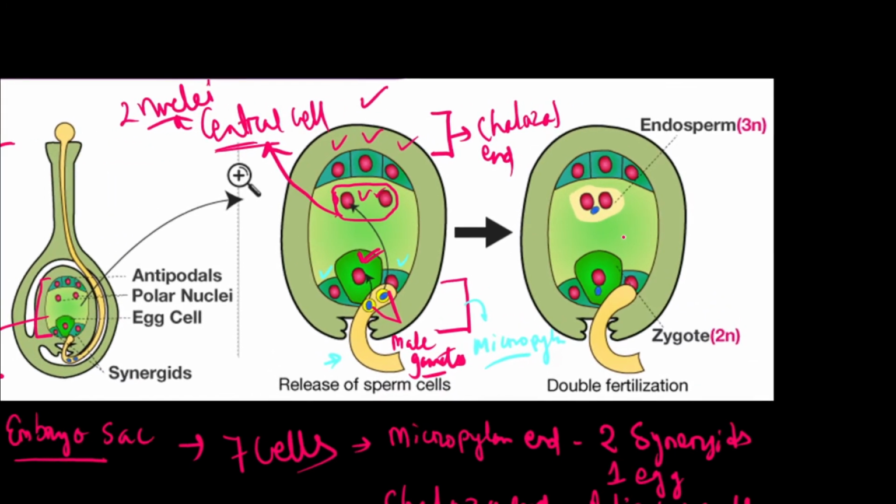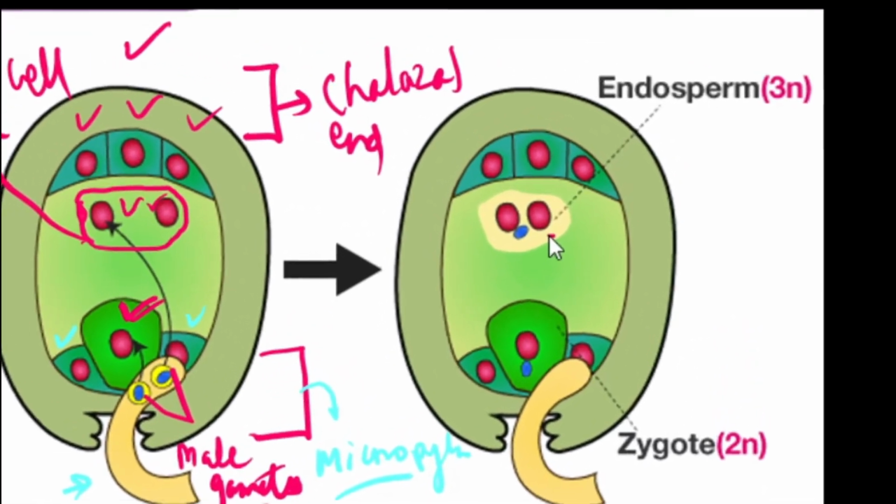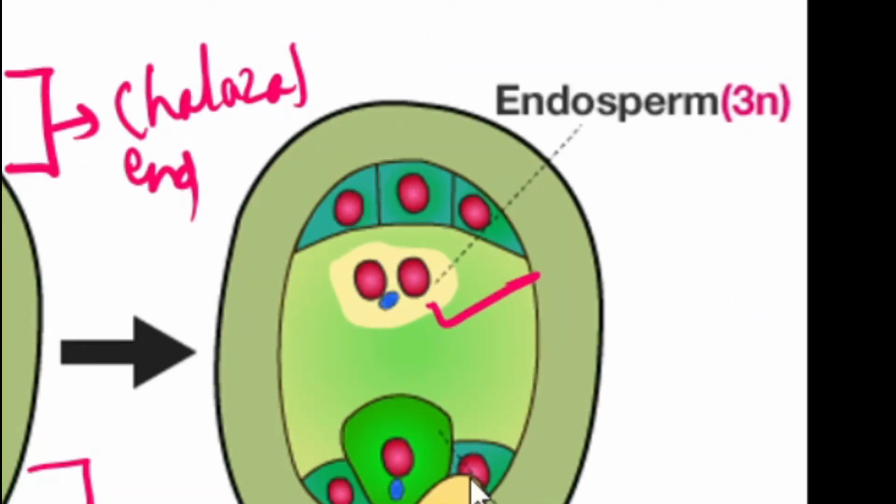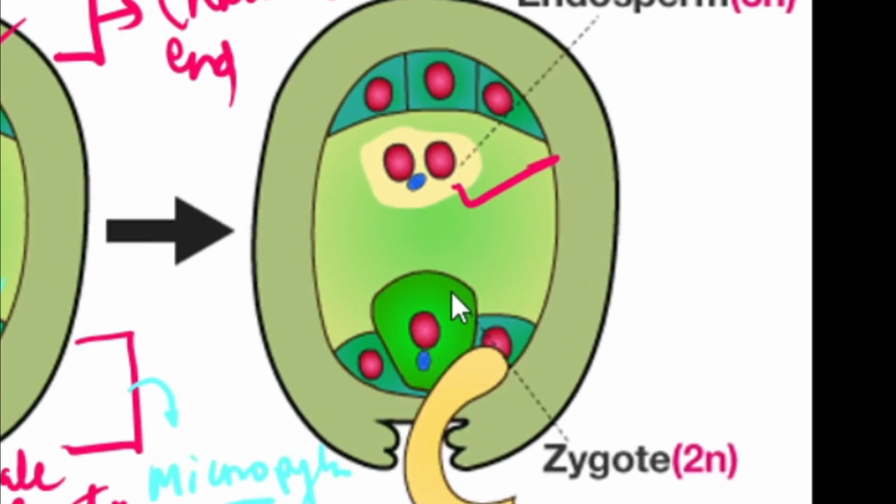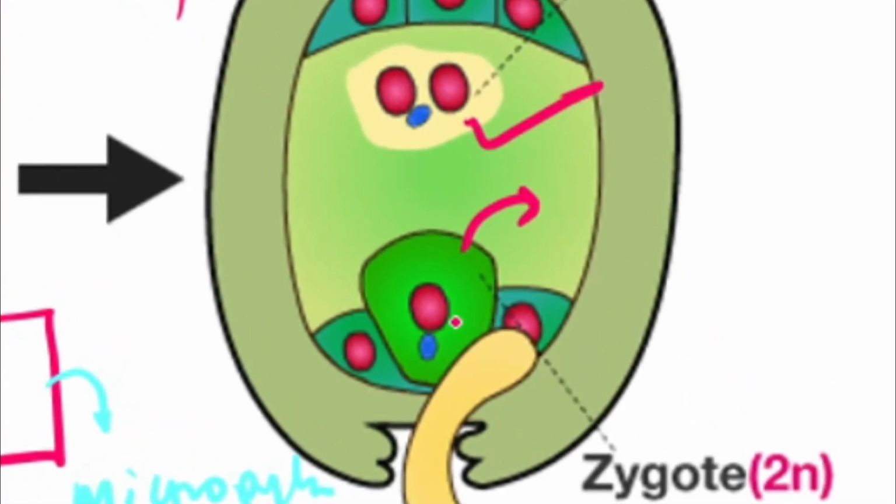One of the male gametes fuses with the central cell, and the other male gamete fuses with the egg, which is present in between the synergid cells. Let us discuss in detail. There are 2 sperms. One of the male gametes gets fused with the egg cell.